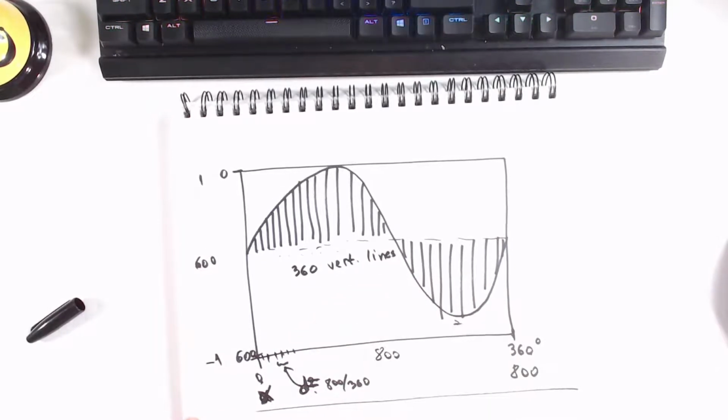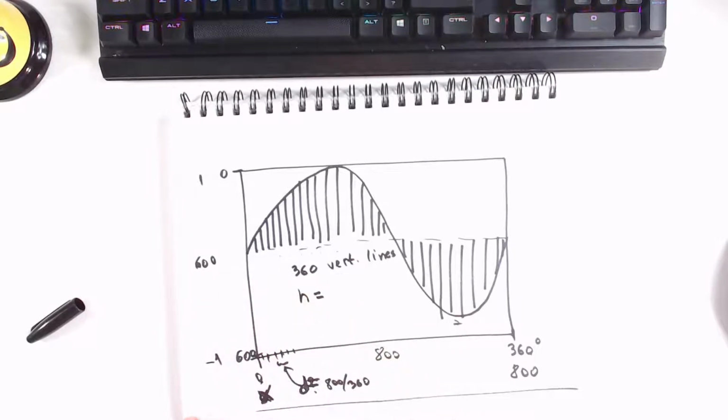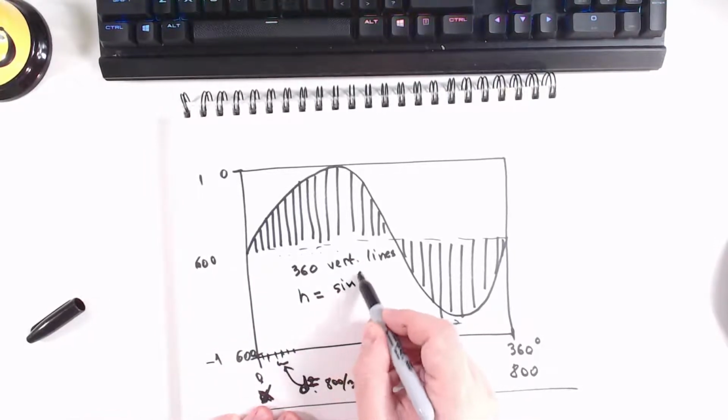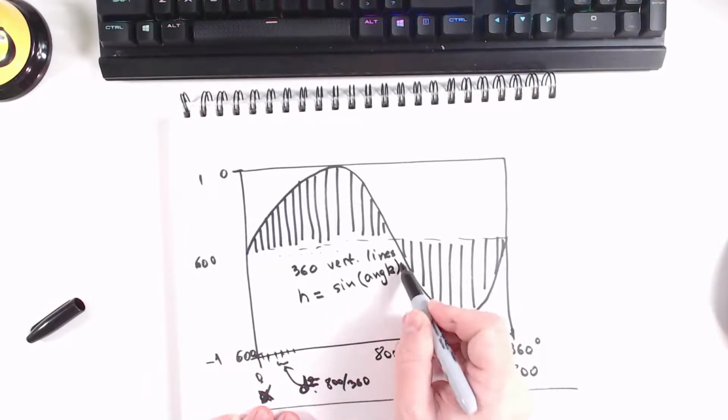One for each angle. And the height of a line is basically nothing else than the sine of an angle at that point.